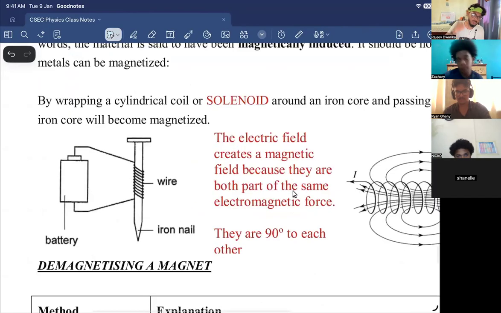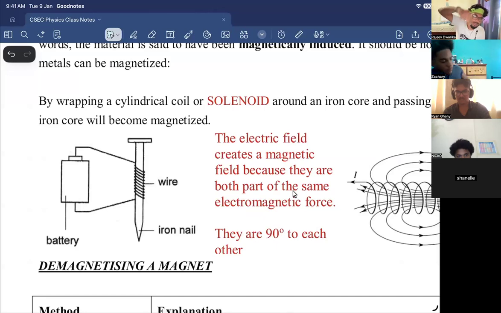So Ryan, I'm wrapping the wire around the iron nail in turns, like in a coil. The iron nail is itself magnetic. What do you think is going to happen to the magnetic field strength? Will it increase or decrease? Increase.